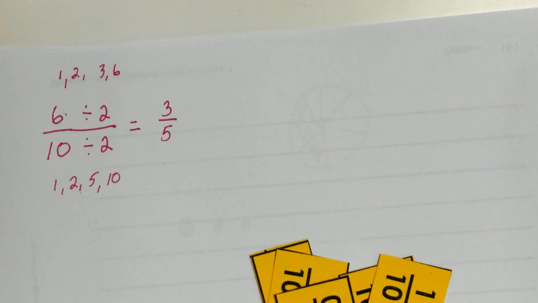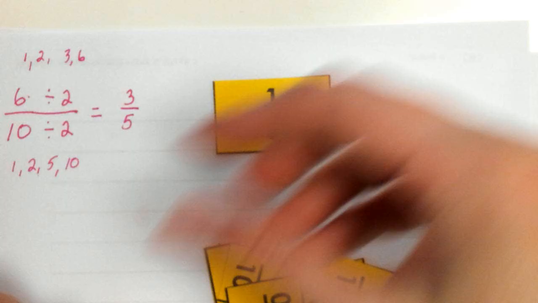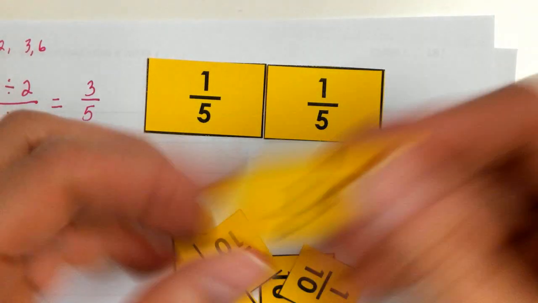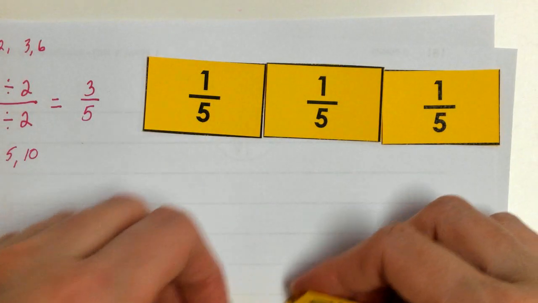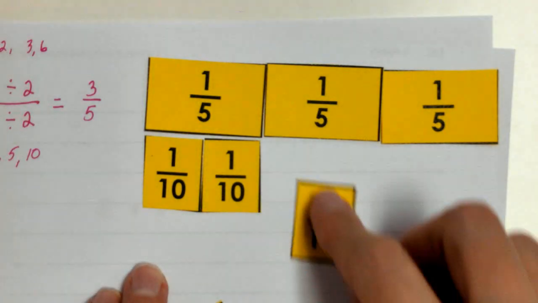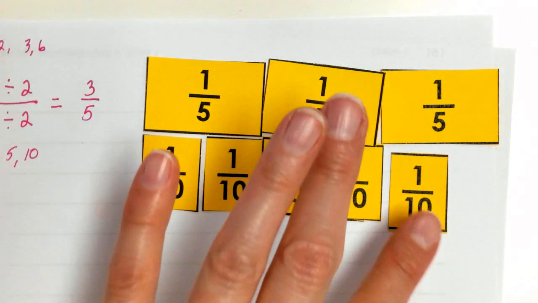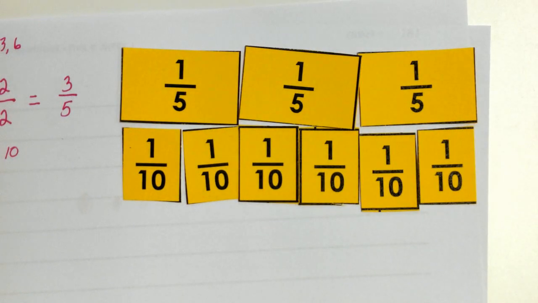All right, so here are 3/5. Right? Yes? So there's 3/5. And then here is 6/10. 1, 2, 3, 4, 5, 6. Are those equivalent fractions?